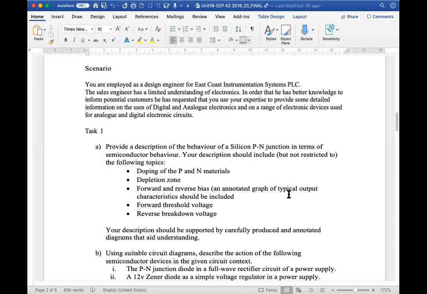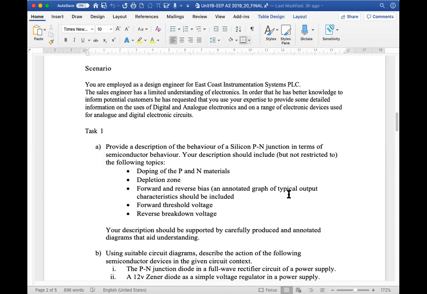Part B is not pass, but is asking you to research and explain the relative benefits of both analog and digital electronic signals in terms of their accuracy, their noise immunity, cost, and power.